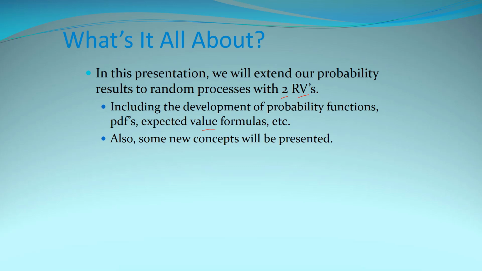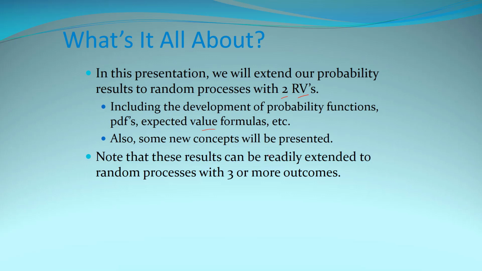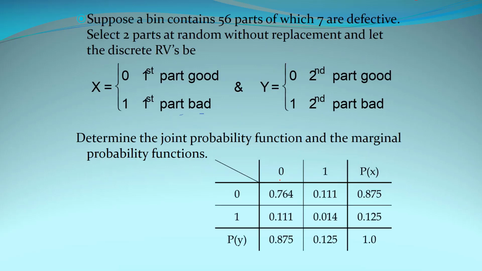Most of this is information we've already covered, but there will also be some new concepts. Whatever we present here, we're extending from 1 to 2 dimensions. We can easily have 3 or more outcomes, so this is just a basic extension that can be extended even further if we so desire.